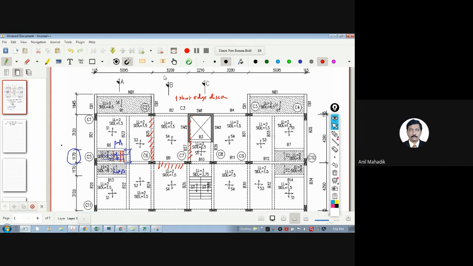The span is 3.2 here. The long span is 3 plus 1.17, so it will be 4.29. And this is your 3.2 meters.